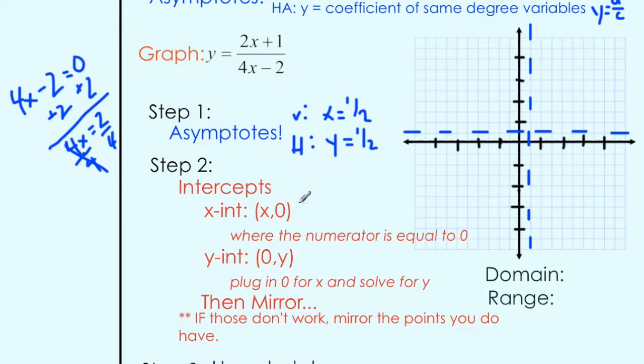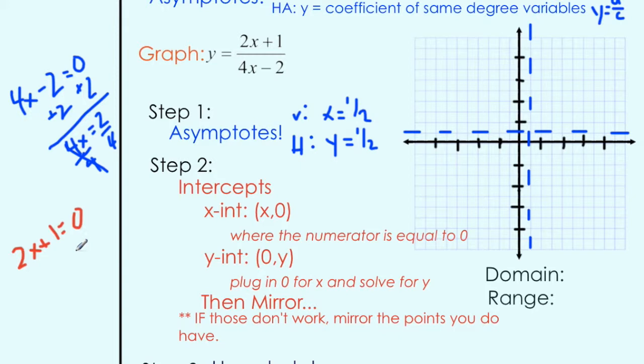So we'll start, if at all possible, with our x-intercept. Our x-intercept is a point, and that point is wherever the numerator is equal to 0. So now I'm looking at, when does 2x plus 1 equal 0? Okay, some of you probably already see it, totally fine.